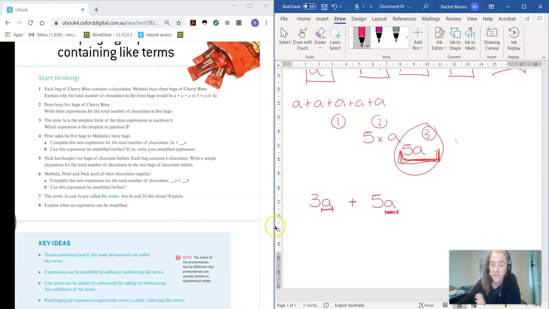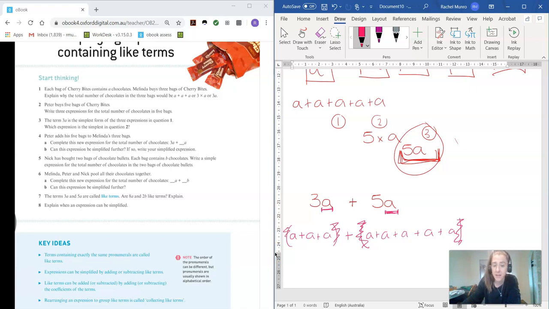So if we broke this apart and made it into the longest version, this would be like having A, let's put some brackets around here, A plus A plus A. And when we're going to add that to Peter's A collection, we'd have A plus A plus A plus A plus A. Now, because it's all addition, we can actually pretend that these brackets aren't here.